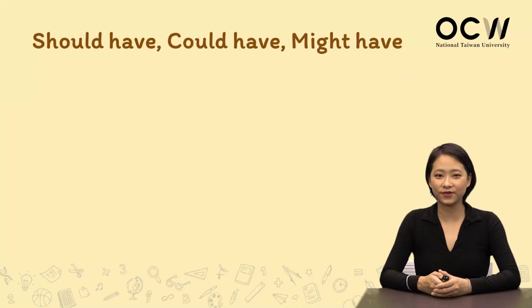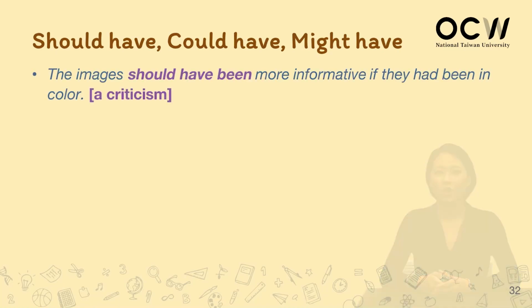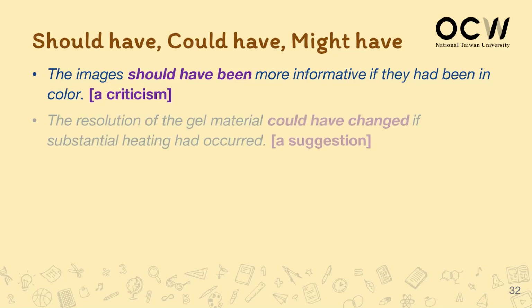Now let's look at the differences between should have, could have, and might have. When you're using should have, such as in the example, the image should have been more informative if they were in color, then perhaps you're demonstrating the attitude of criticism. If you're using could have, such as in the example, the resolution of the gel material could have changed if substantial heating had occurred, then perhaps you're giving out a suggestion.